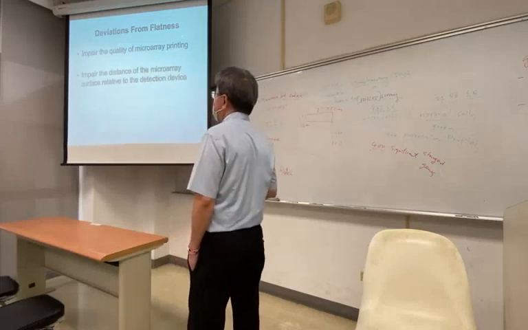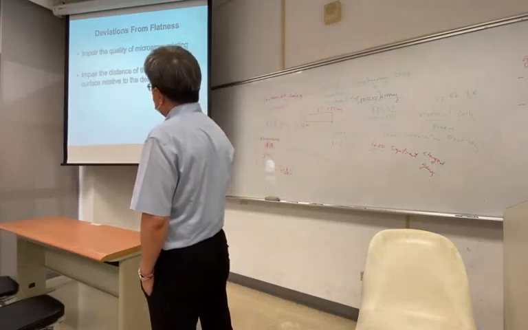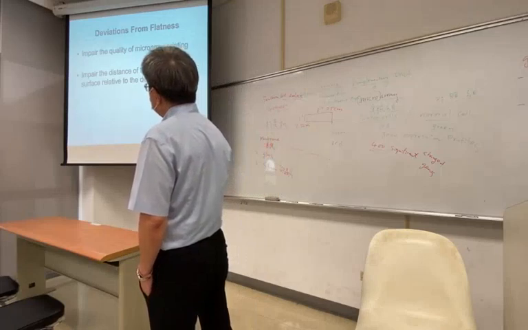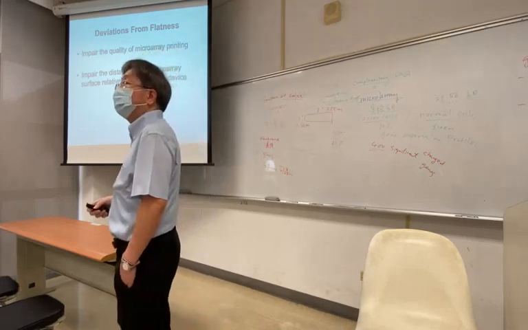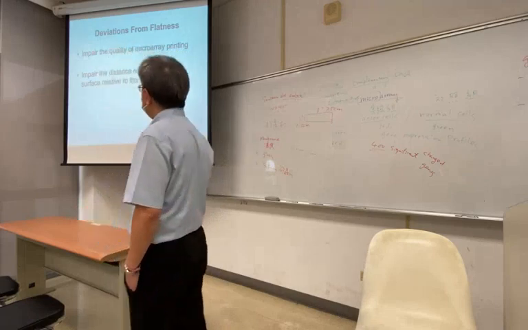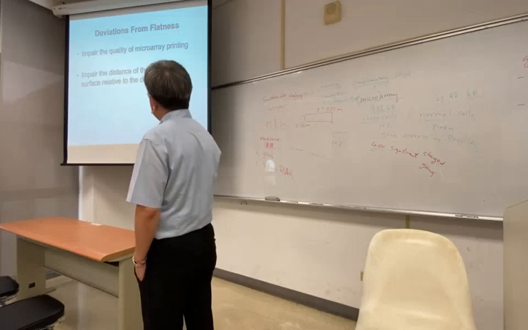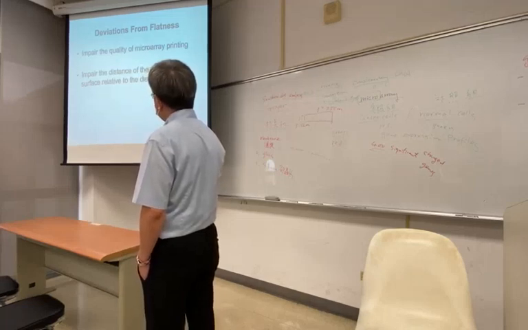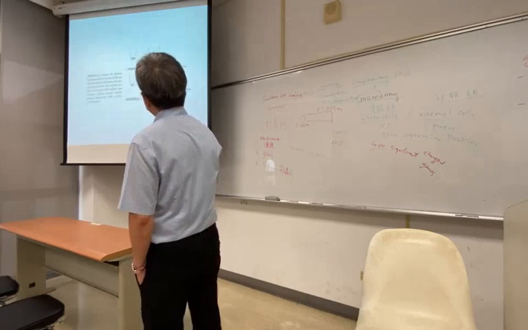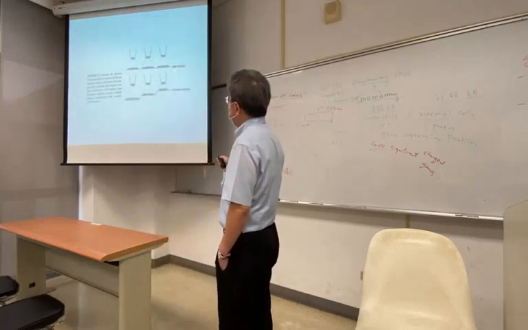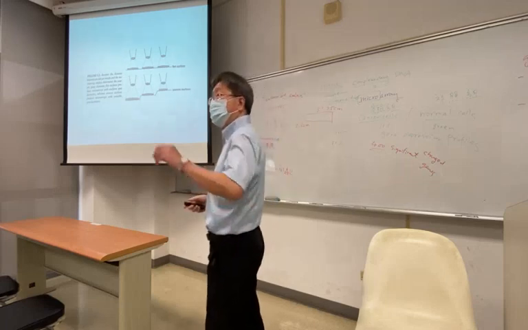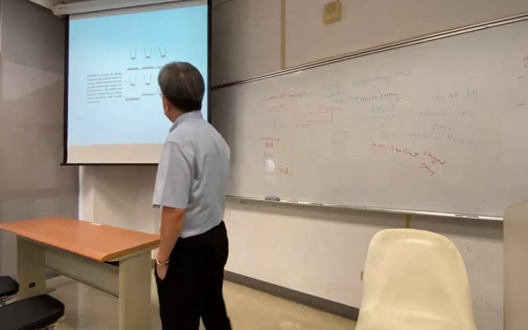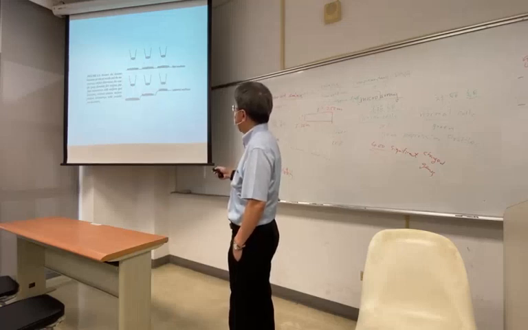Deviation from flatness. Because if it's not flat, it will impair the quality of the array printing. Then it will also affect your detection. So in this case, if you have a flat surface, everybody is the same distance. The size may not change too much. But if you have an uneven surface, then you might have a different spot.